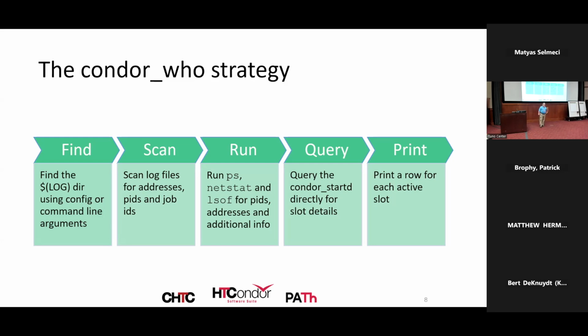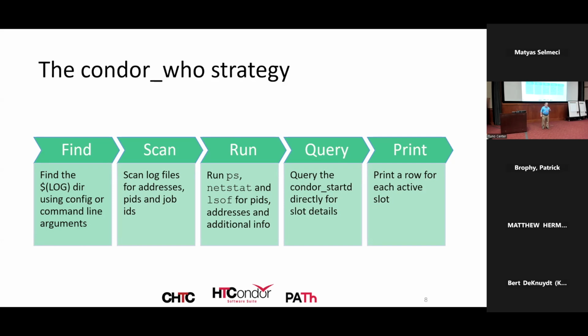The other thing Condor Who can do is use various tools. It can use PS to find processes whose name is condor_startd or condor_master. It can use netstat and LSOF to find out what ports daemons are listening on and then correlate that with the process IDs. And that will tell it what port it might be able to connect to.